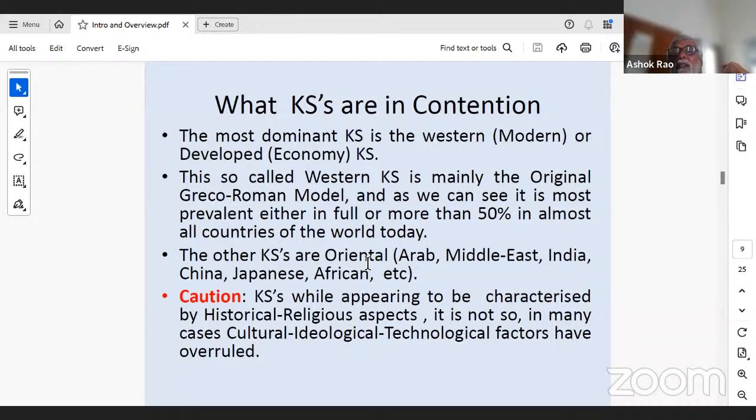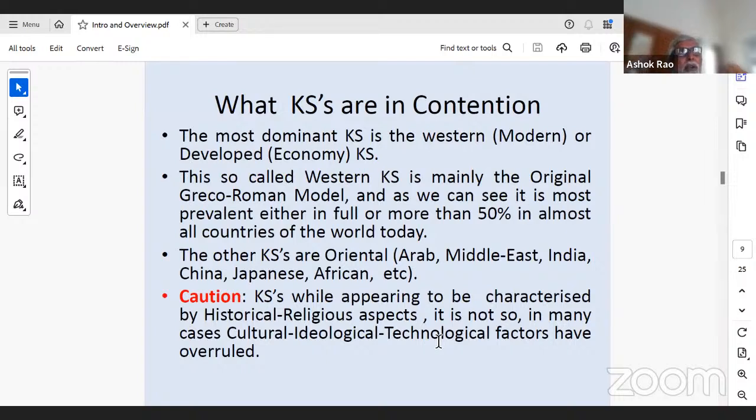There are other knowledge systems, for example, the Oriental knowledge system in Arabia, Middle East, a little in India, China, Japan, African, etc. What we need to exercise caution about is appearing to be characterized by historical religious aspects. It is not so much. In many cases, cultural, ideological, and technological factors have overruled.